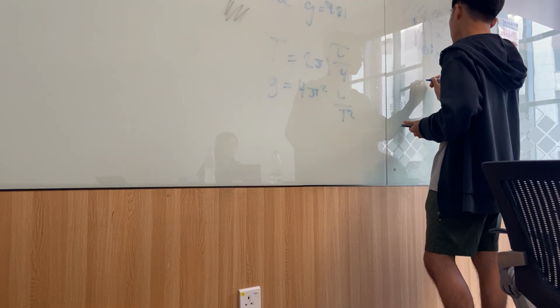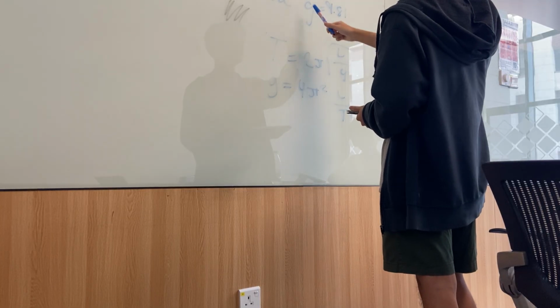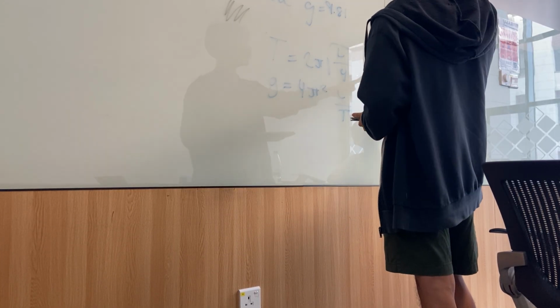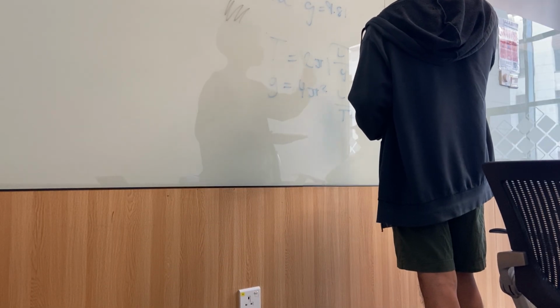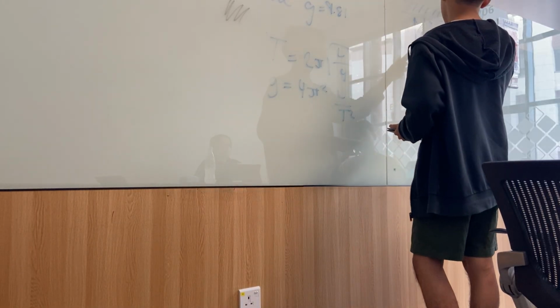We should be able to get the formula like this, because we need to find the length over here, because of the relationship, right, between period and length. So essentially the length of the pendulum and how long it takes for the pendulum to make a full oscillation. So that's why we need to find the length first.